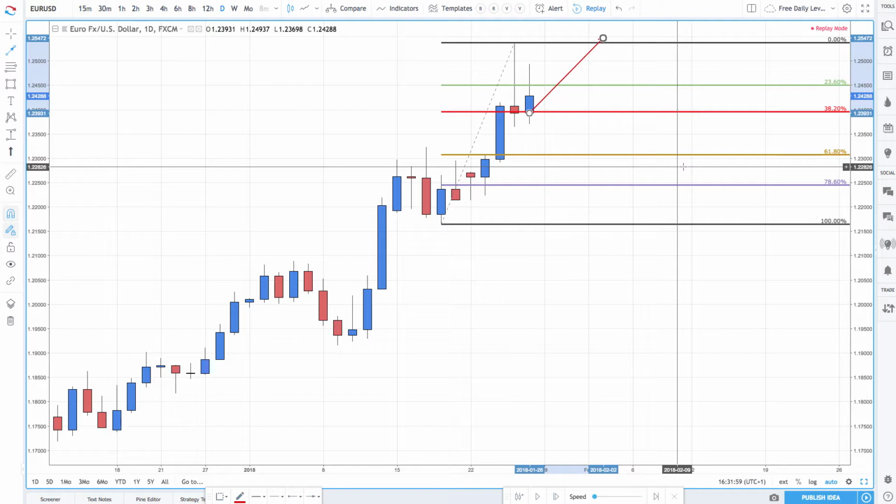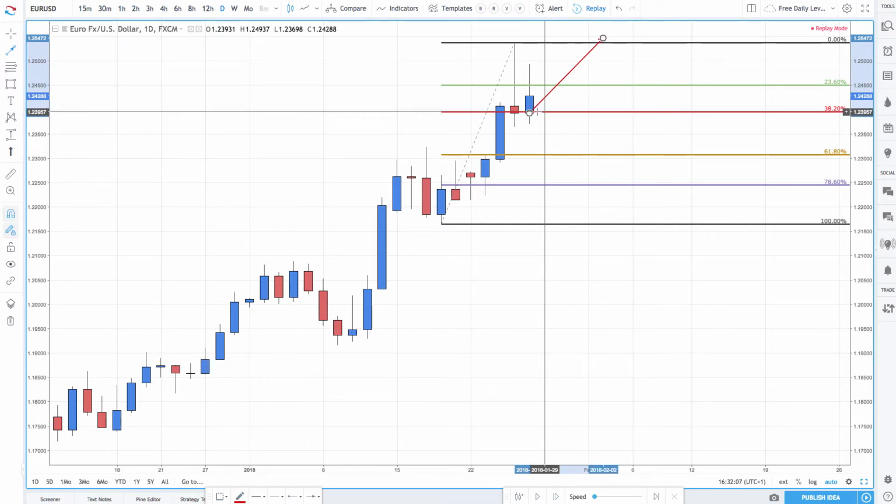One of the issues and problems with Fibonacci retracement levels is that traders really don't know which level price is going to react off of and potentially go to the upside. It's just probabilities.